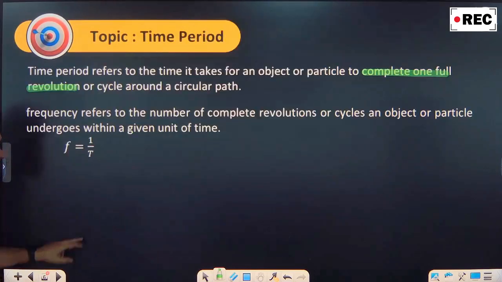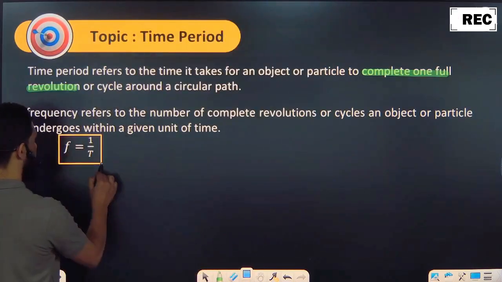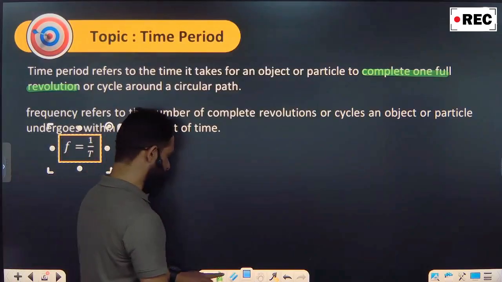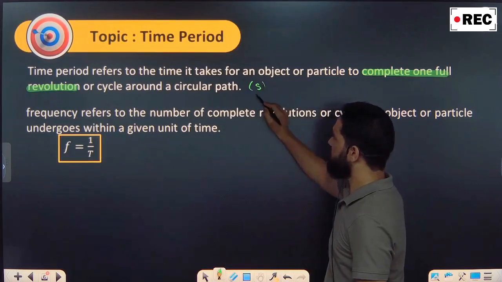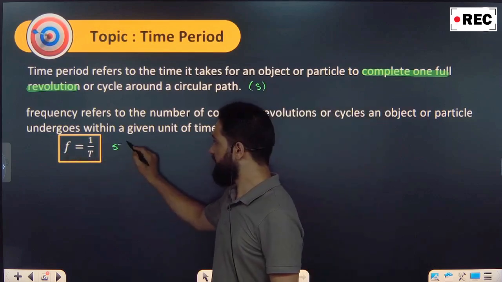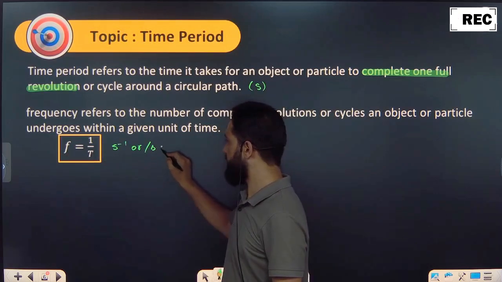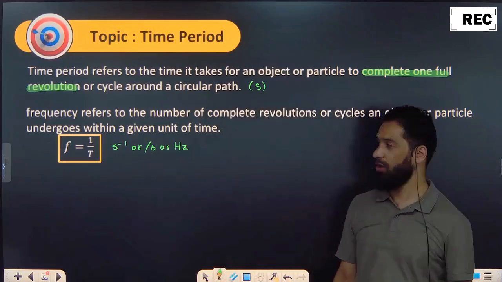So that is the distance, and the reciprocal of this time period, we call that frequency. Frequency is the reciprocal. And tell me, what is the SI unit of this time period? Seconds. What is the SI unit of this frequency? It will be second inverse. This is also called per second, or this is called hertz. Hz. H is capital, z small, right?